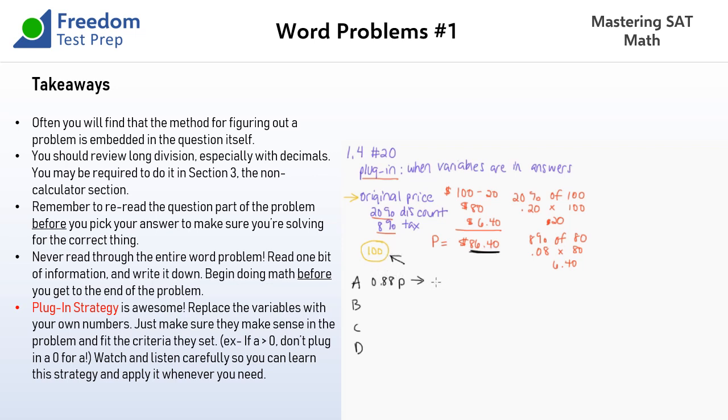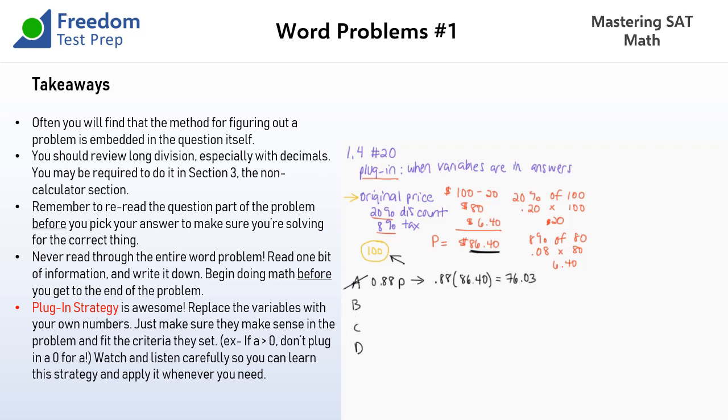So if we take our calculators, and luckily this is the calculator section, and we multiply 0.88 times the 8640, I'm going to do this right now on my calculator. You can do it on yours as well. We're not getting 100, right? We're getting 7603. That is not the answer. We need to be getting the 100.